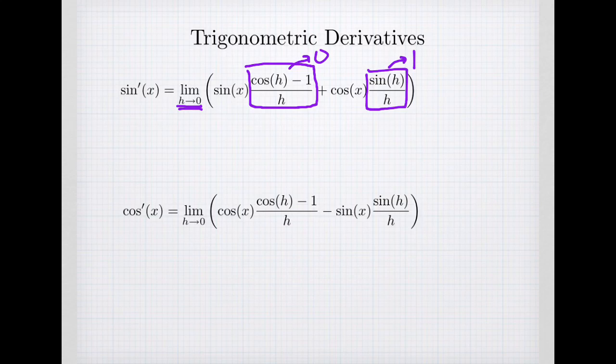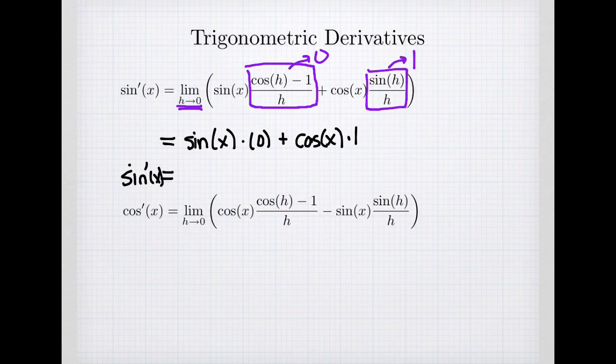And so the derivative of the sine is the sine of x times 0 plus the cosine of x times 1. In other words, the sine's derivative equals cosine of x. If you take a derivative of a sine, you get a cosine.